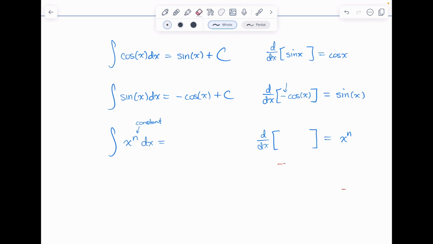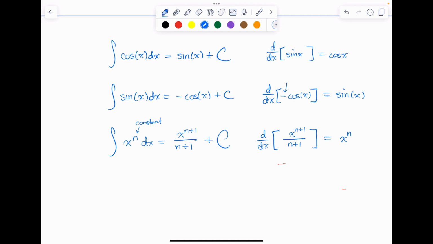This says there's a formula for the antiderivative: if you have the integral of x to the n, then the antiderivative is x to the n plus 1 over n plus 1, plus c.